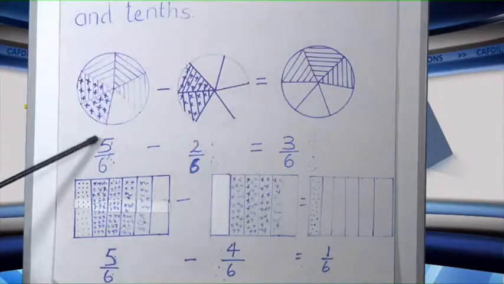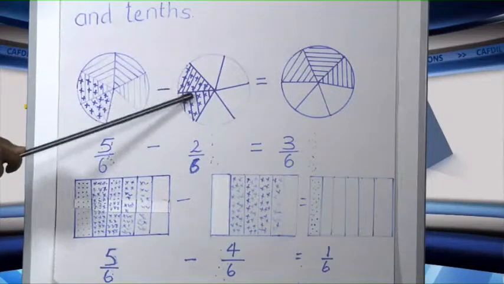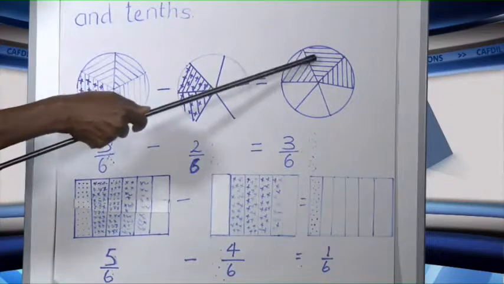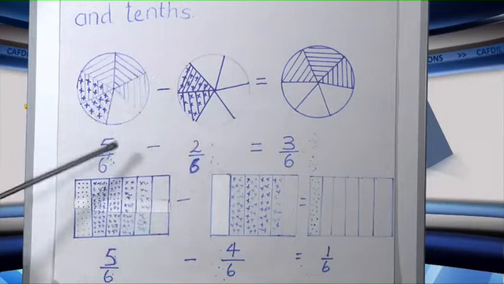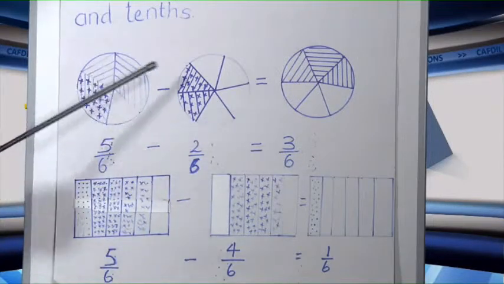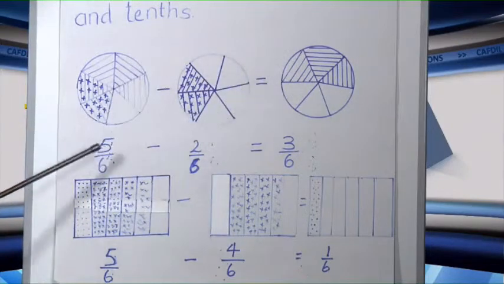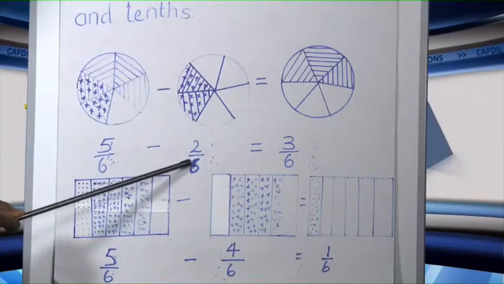So it means 5/6 minus 2/6 is equal to 3/6. The denominator is still the same because the number of parts will still be the same. Nothing has changed. 6 is still 6 parts.